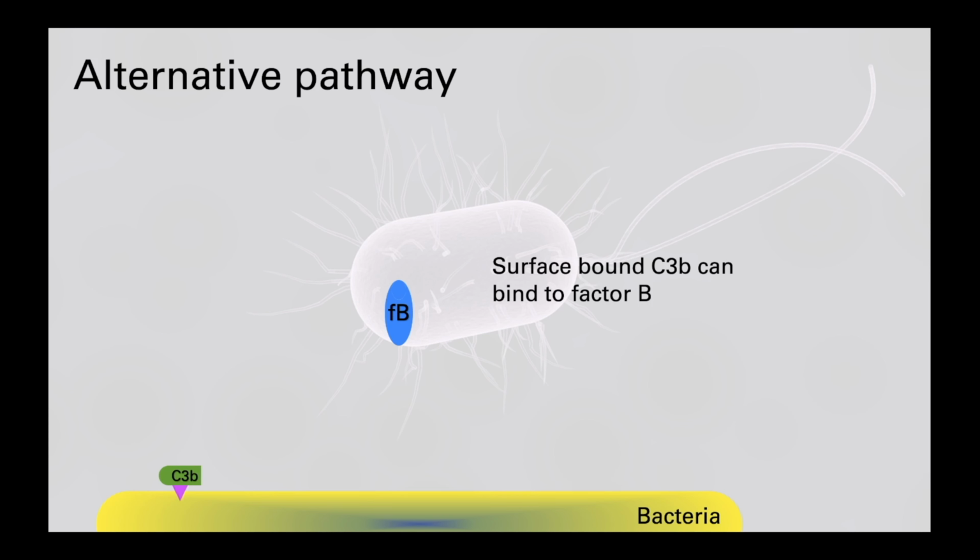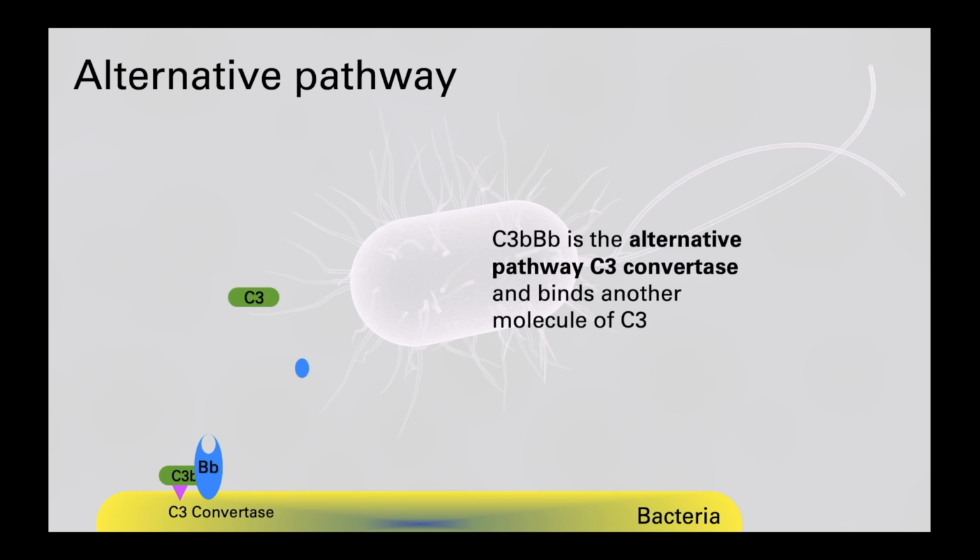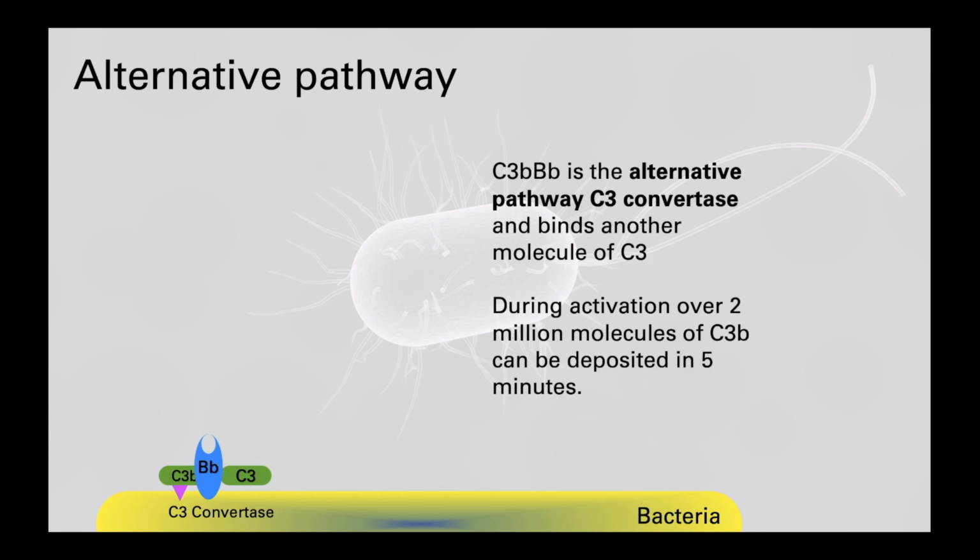If this happens close to a foreign surface, the C3b can covalently bind to the foreign surface and interact with a fresh molecule of factor B, again cleaving it into Ba and Bb. This C3bBb is the membrane-bound C3 convertase of the alternative pathway and cleaves another C3 molecule.